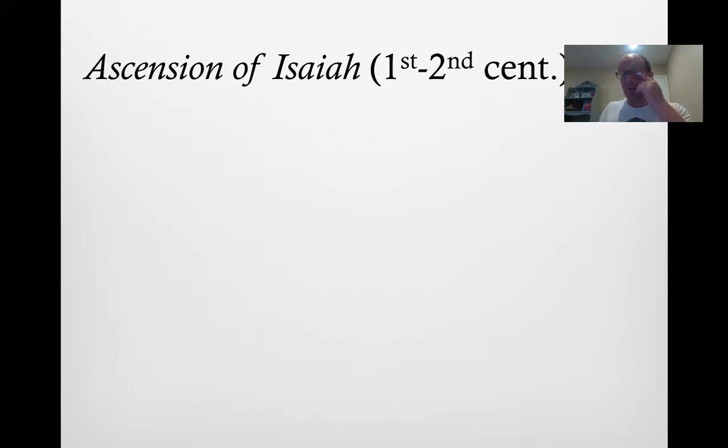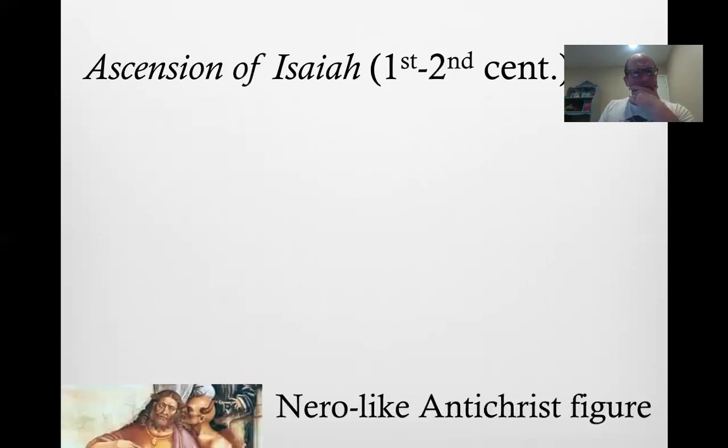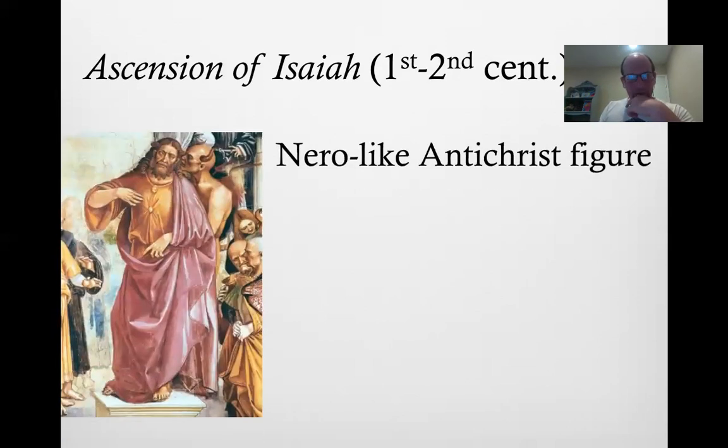There's a book called The Ascension of Isaiah. It's a Christian book that talks about a figure, a Nero-like figure, who is the Antichrist. Now, again, Antichrist does not show up in the book of Revelation.